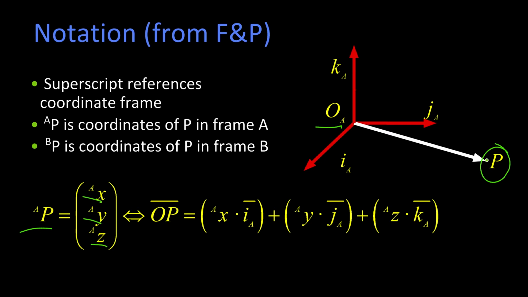But if you remember a little bit from your algebra, calculus, the right way of thinking about the vector that goes from the origin to P, that's this vector here, is it's got the i component of the amount x_A, the j component of the amount y_A, and the k component of the amount z_A. So a vector is actually the sum of these three components, the i component, j component, k component, each scaled by the coefficients x in A, y in A, z in A.